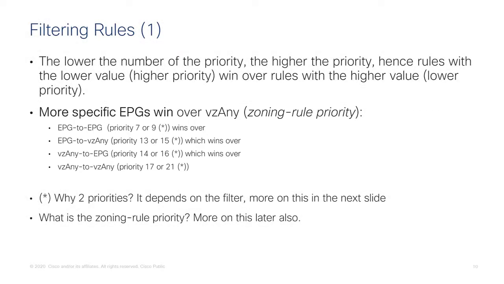So a more specific EPG that you specify in the contract configuration wins over a configuration that includes vzAny. So notice that if you have a rule that says EPG1 to vzAny do something, and then vzAny to EPG2 do something else, and you have traffic from EPG1 to EPG2, the first rule, the EPG1 to vzAny rule, is the one that gets applied.